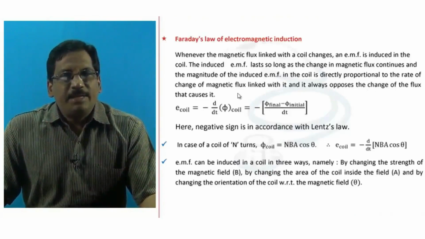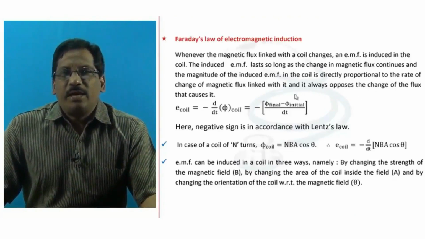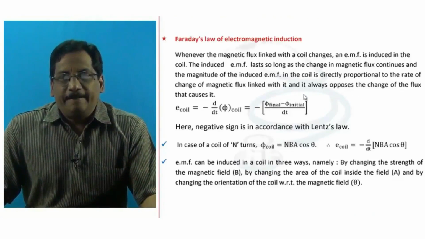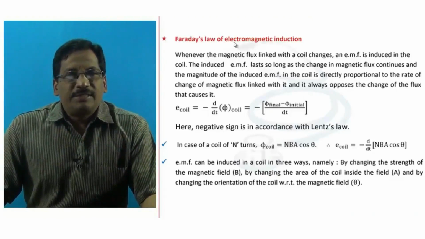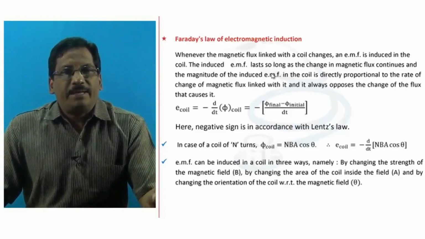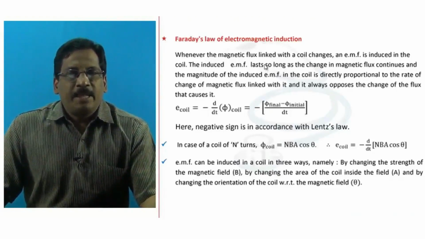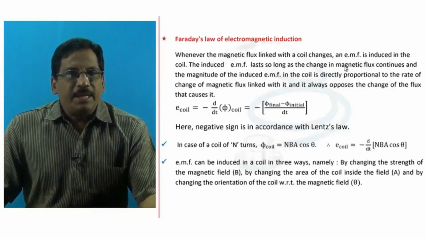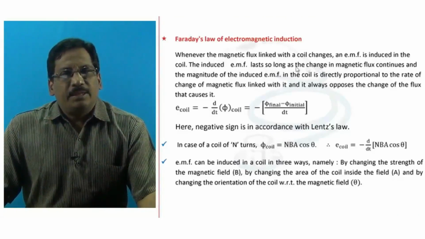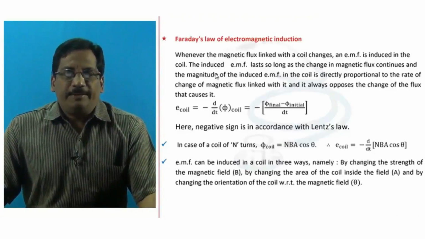The second statement is important. This we study more elaborately in Lenz's law. After this we understand that also. So here let's review it once again. Faraday's law of electromagnetic induction says that whenever the magnetic flux linked with a coil changes, an EMF is induced in the coil.